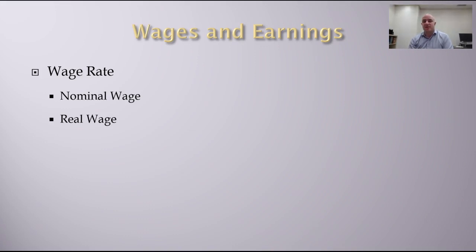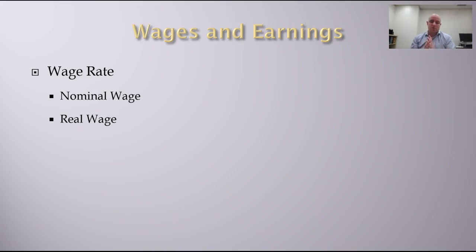So if you compare nominal wages, if you said someone was making $5 an hour in 1930, you might think, all right, that's not a lot. But in reality, that's significant. $5 in 1930 is a lot more than $5 today. So in order to compare it properly, you need to get the real wage.